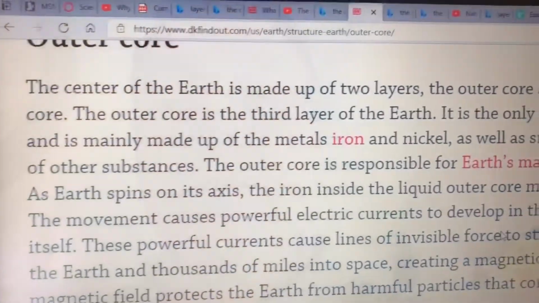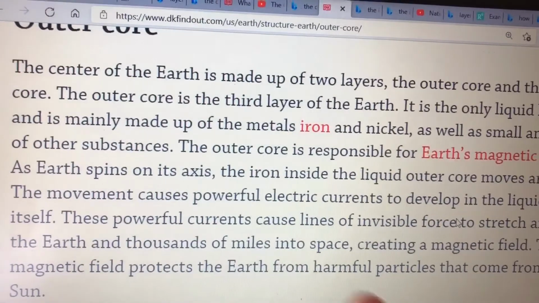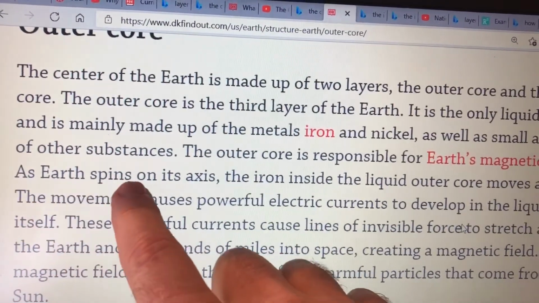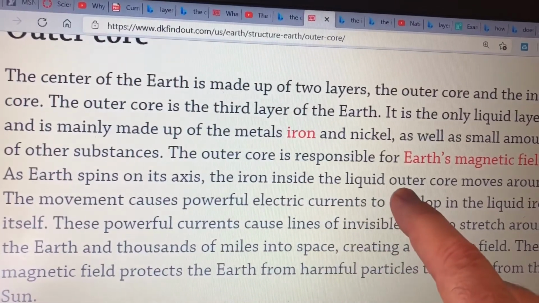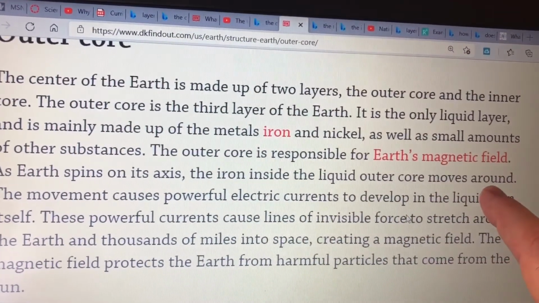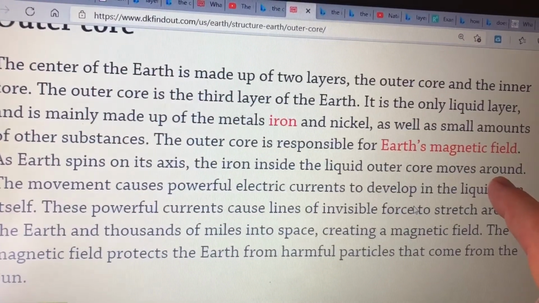So just in case you didn't catch it from the video, let's read over here to see how that liquid iron and nickel is related to the Earth's magnetic field. This is a really good explanation. So it says, as Earth spins on its axis, the iron inside the liquid outer core moves around, right? So if you have water in a bottle and you move the bottle, what happens to the water?